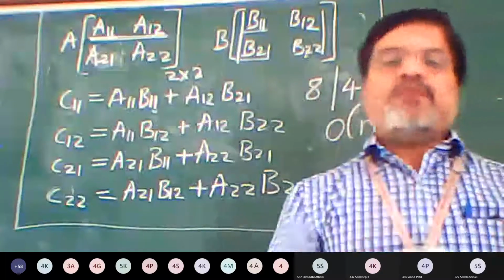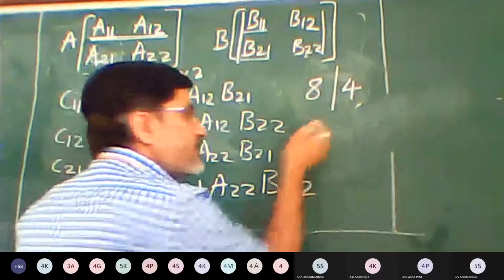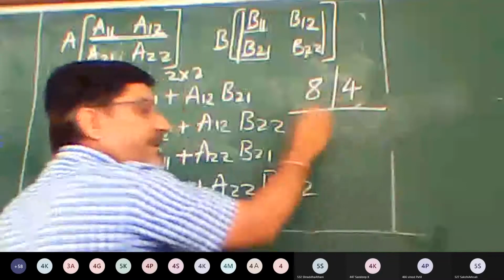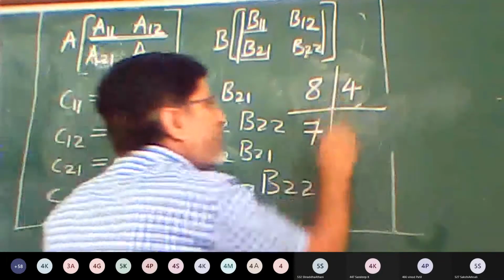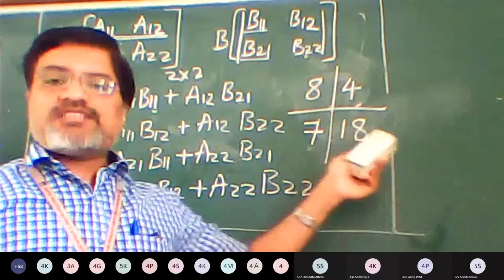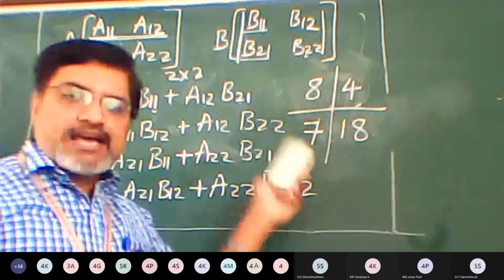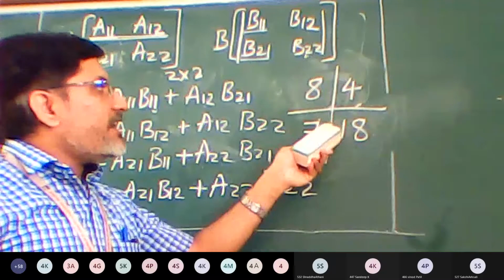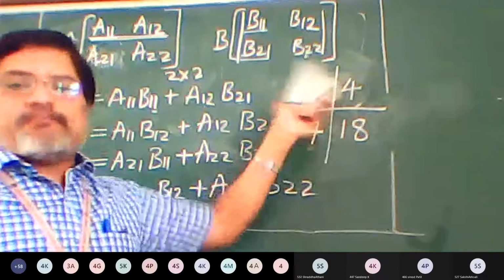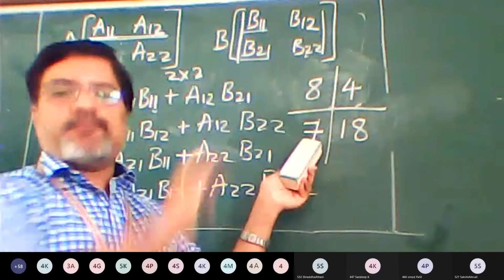He designed certain formulas in which there were 7 multiplications and roughly 18 additions or subtractions. If you observe the number of multiplications Strassen came up with, for a 2 cross 2 matrix it was 1 less than the traditional method, which greatly contributed to bringing down the time complexity.